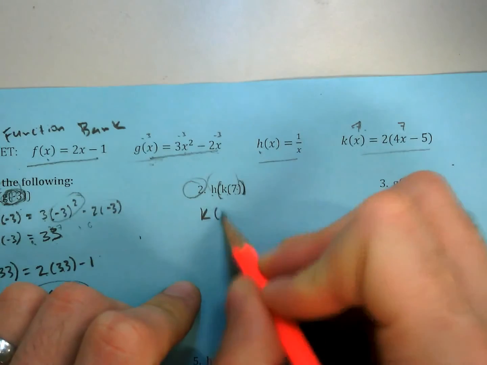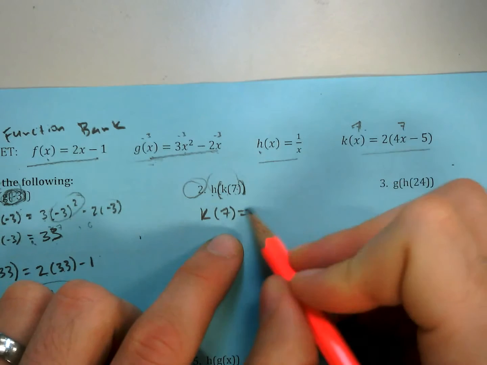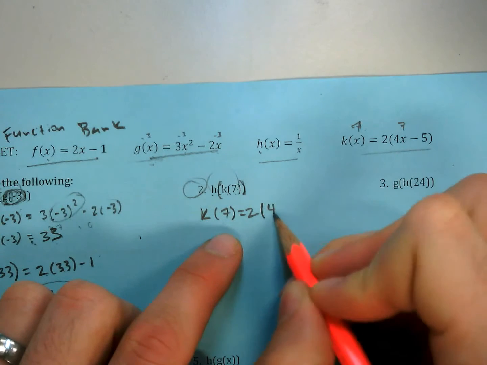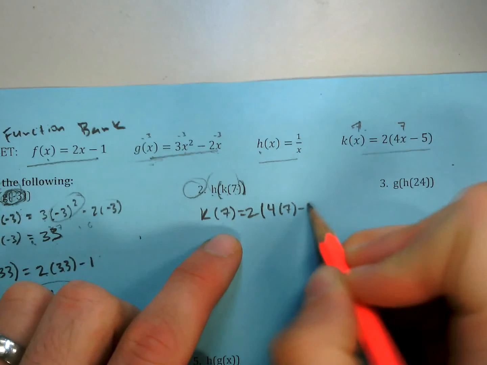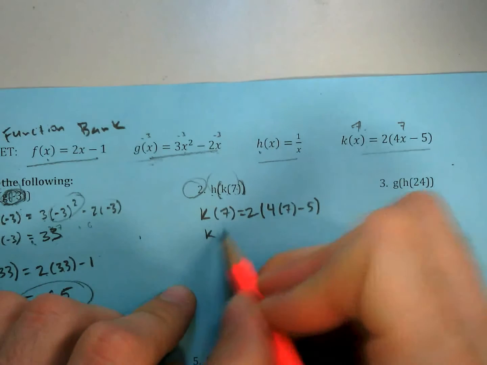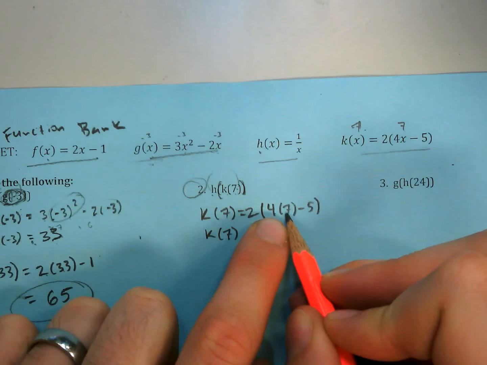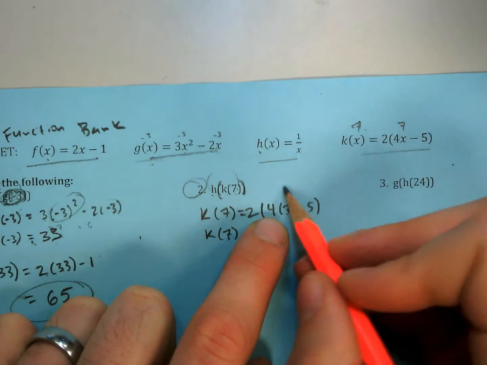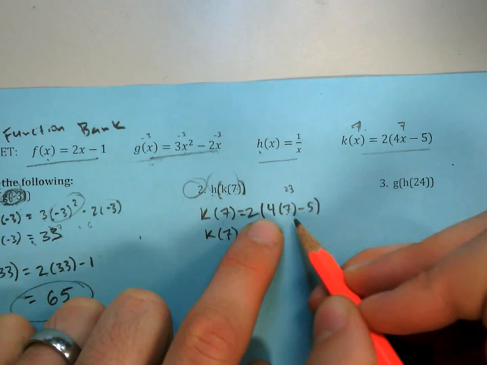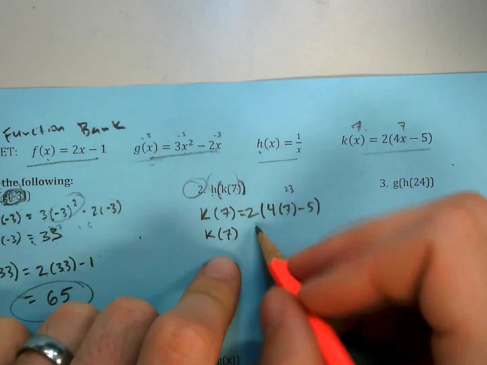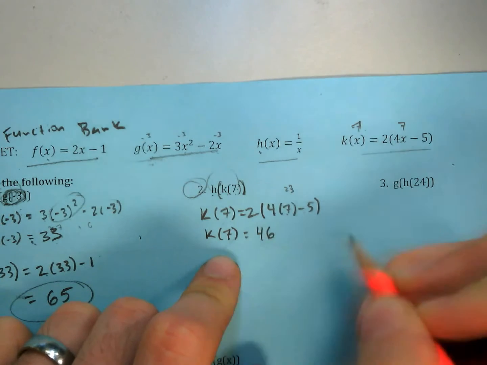So k of 7 would be 2 times 4 times 7 minus 5. A little simplifying. 4 times 7 is 28, minus 5 is 23. 2 times 23 is 46.